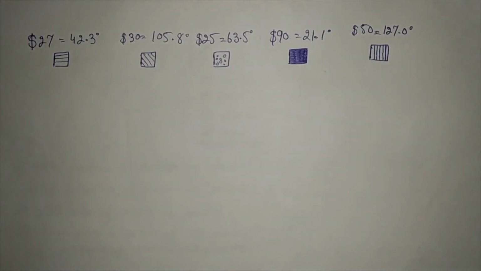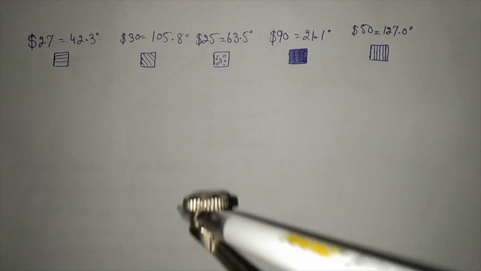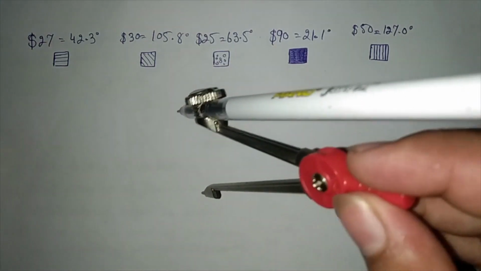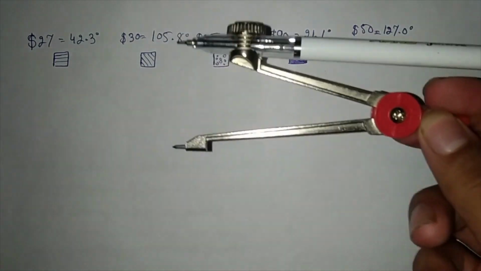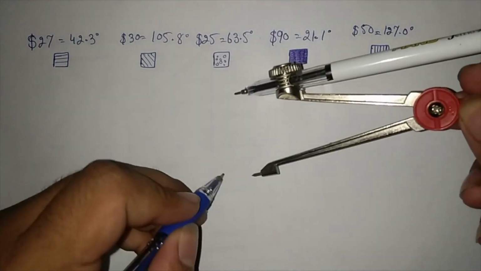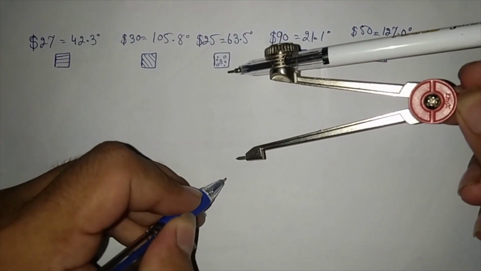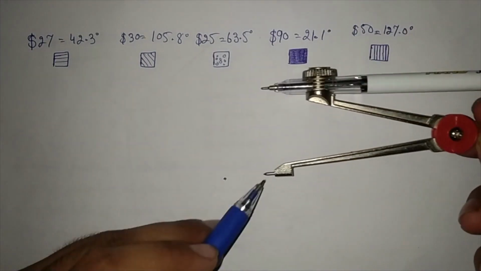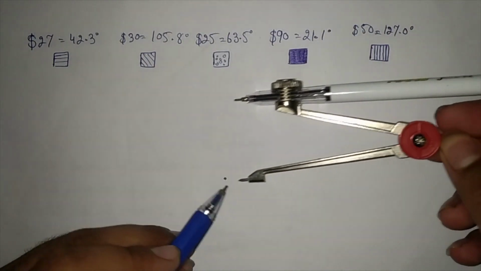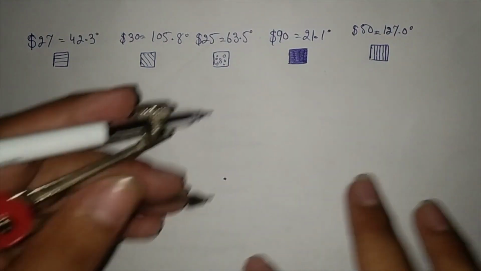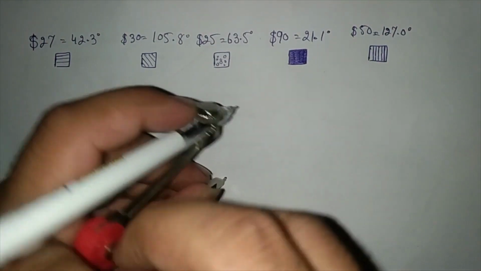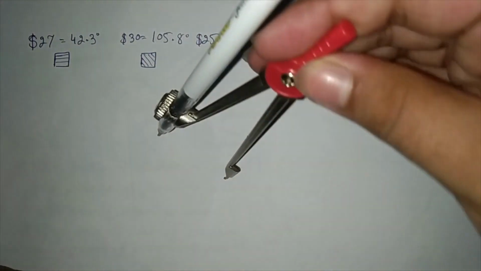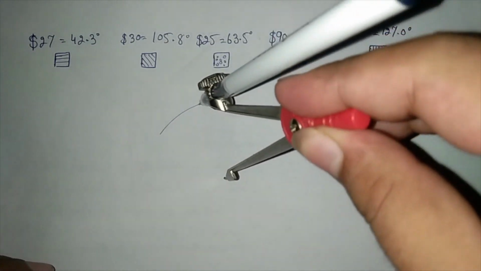First of all we have to draw a circle. For this you need a pair of compasses, and first of all you have to draw a center point, like this, and you have to put the needle on this point. Just like this, and you have to rotate it slightly.